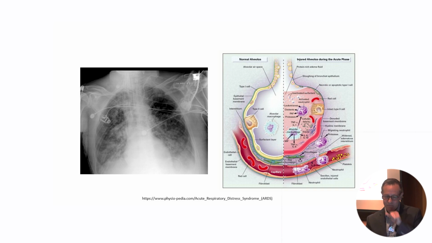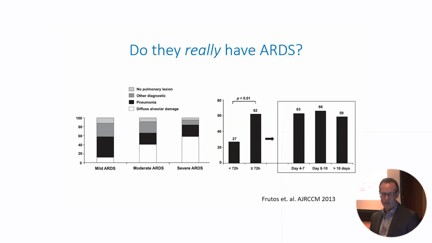There's intense inflammation, and then over the first 3 days or so, the development of these hyaline membranes. This pathologic picture is known as diffuse alveolar damage, and it's not unique to ARDS. That's a common final end stage of a lot of pulmonary injuries, but it is the most common pattern that you see in ARDS.